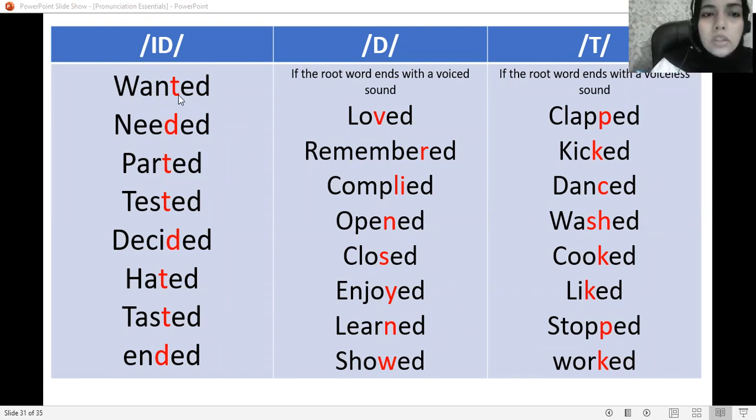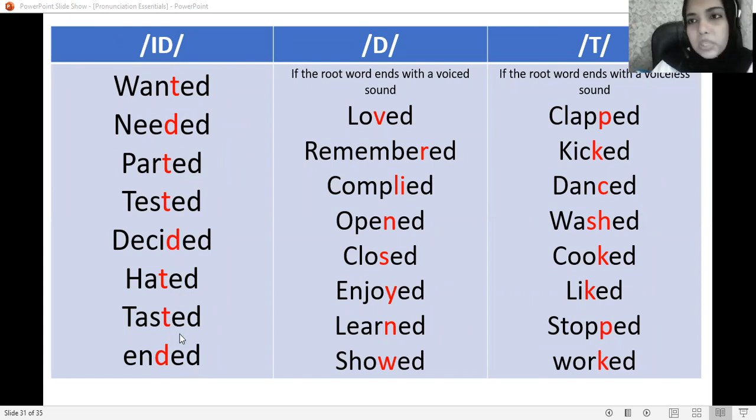So again, wanted, needed, parted, tested, decided, hated, tasted, ended.